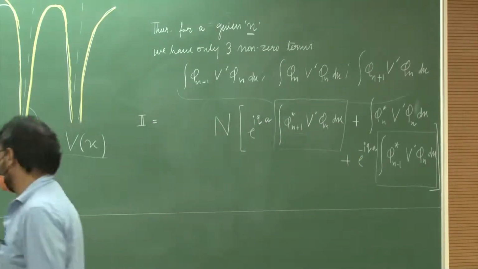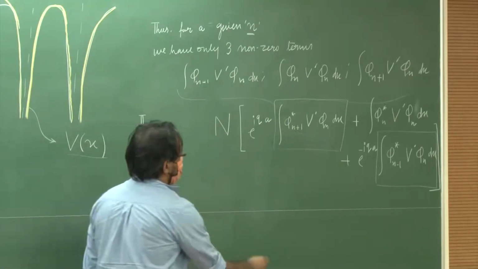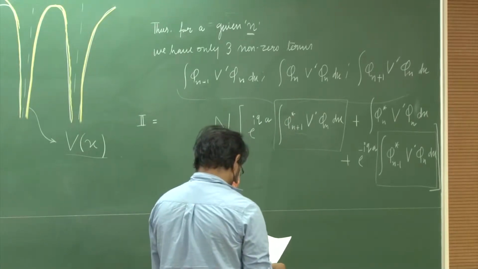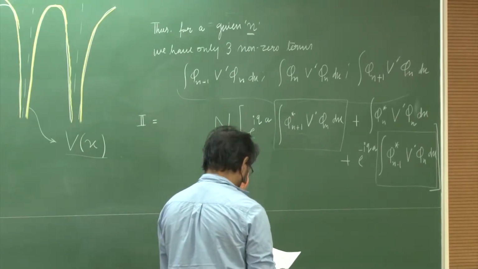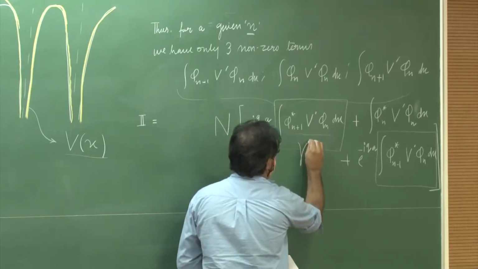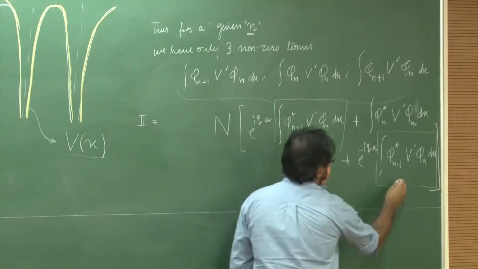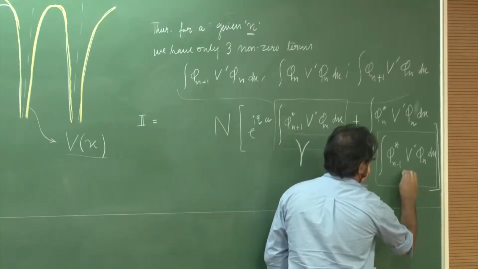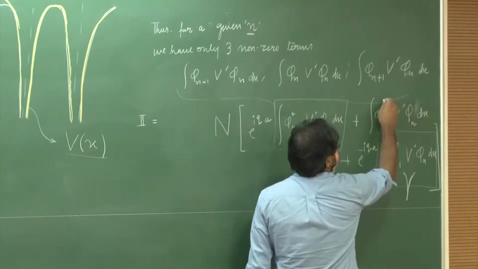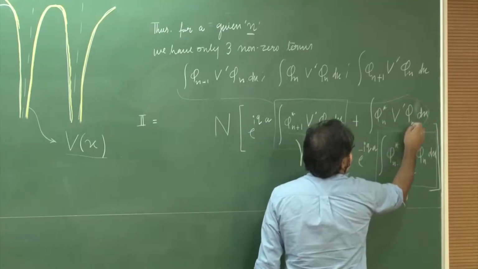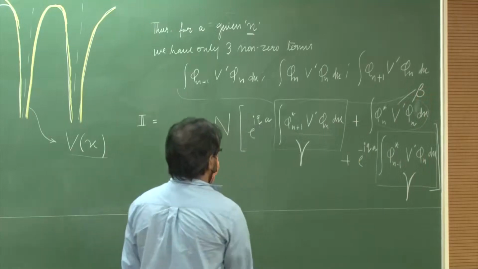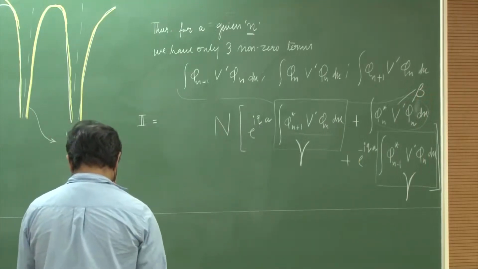So, by left-right symmetry, these two integrations are also equal. Now if I call this integration gamma, then this integration is also gamma. And I call this integration, on the same site n, beta. Okay?